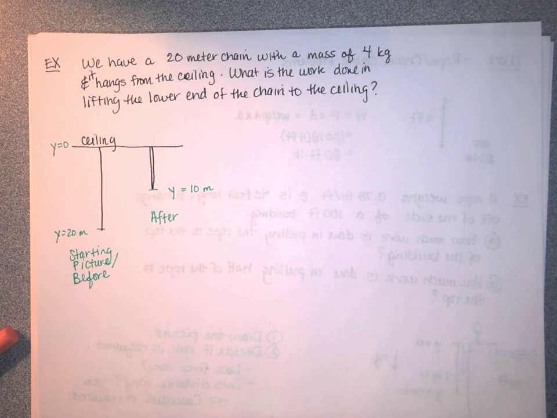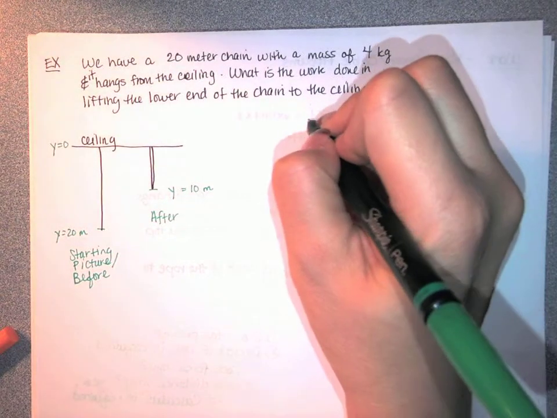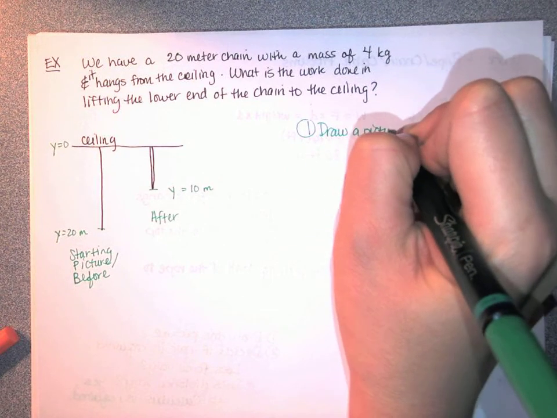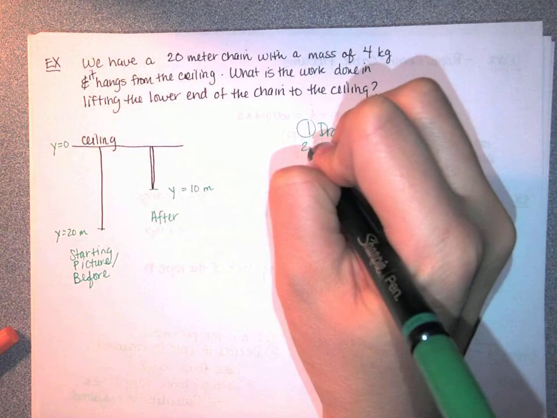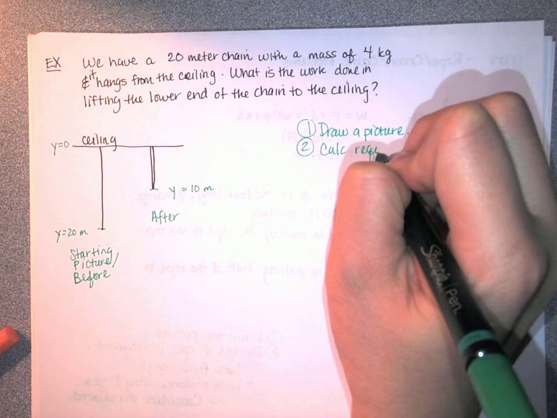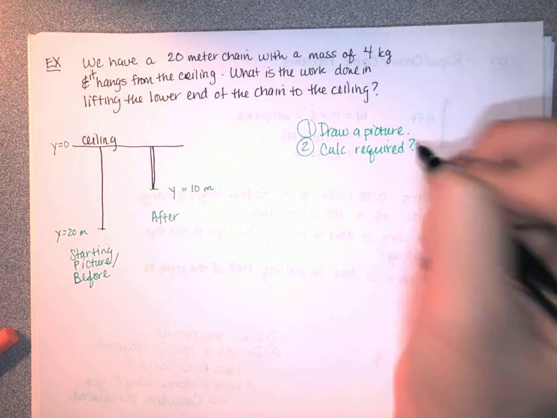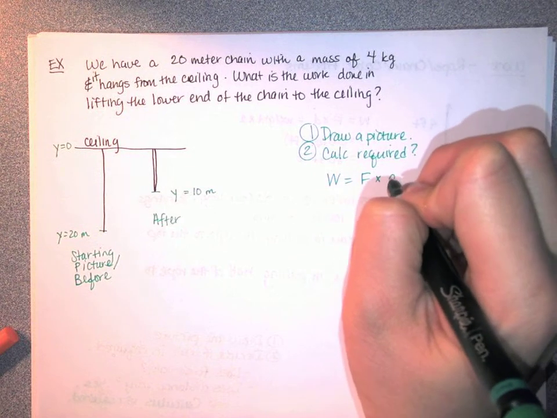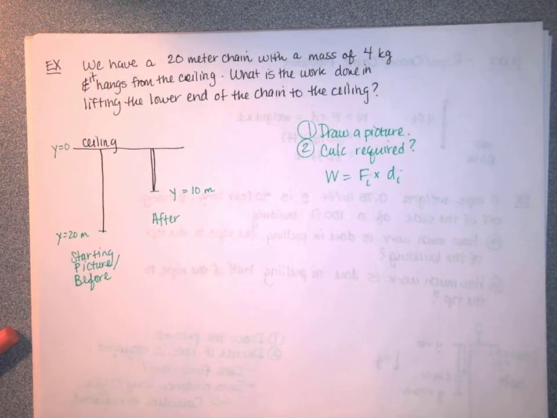This is a little trickier. So the first thing we always want to do is draw a picture, and we did. And then we have to decide, is calculus required? Remember, work is force times distance, or force dotted with displacement.